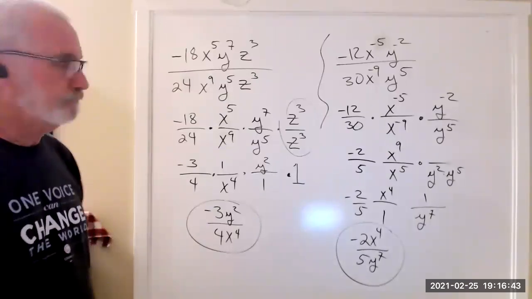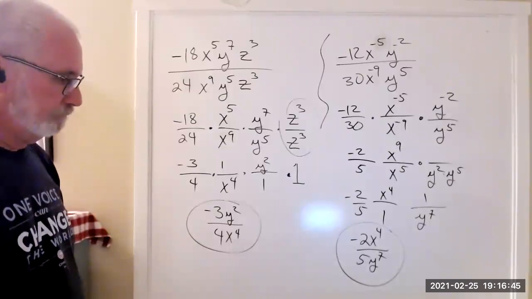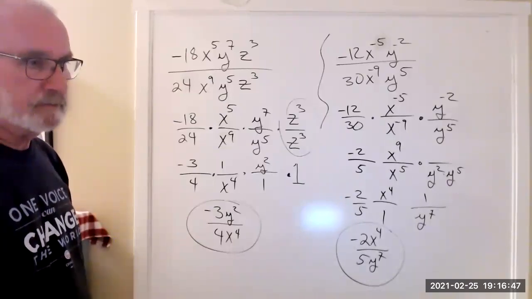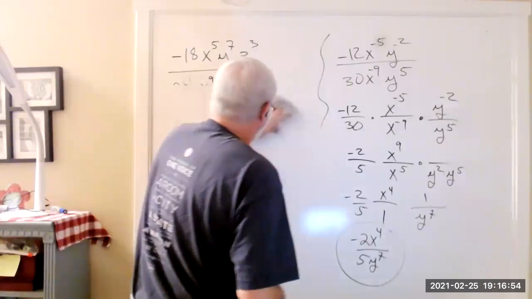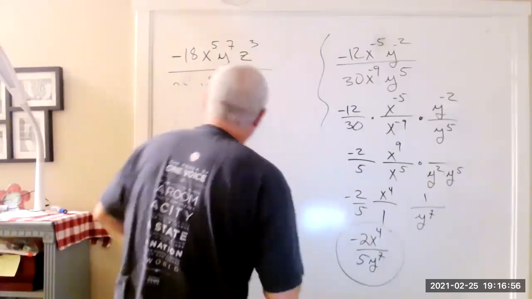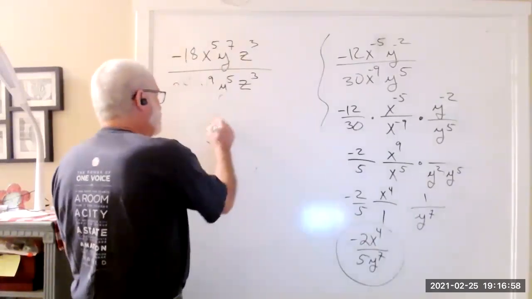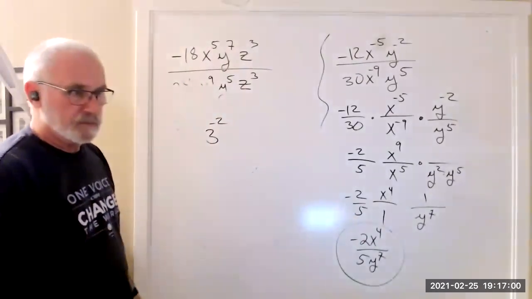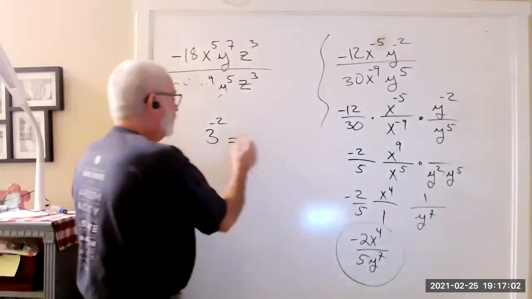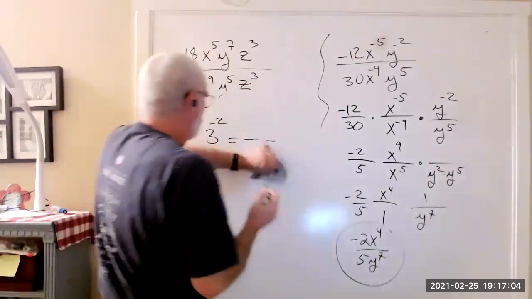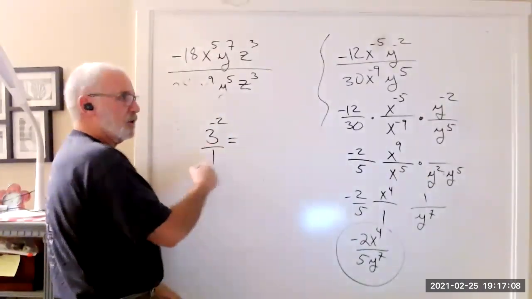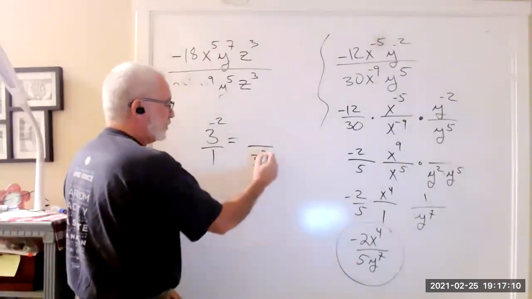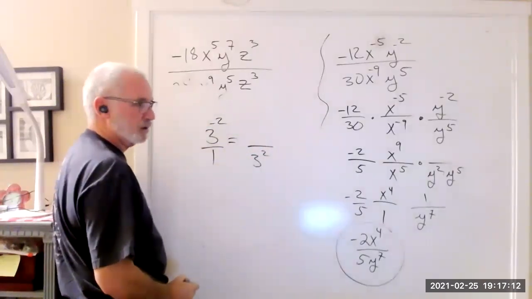Would a regular number with a negative exponent be flipped as well? Yes, it would, because it's the negative exponent that causes something to flip. So what he's suggesting is, what if you had 3 to the negative 2 power? Then that flips. First off, there's an invisible 1 there, so it flips and becomes 3 to the positive 2 power.